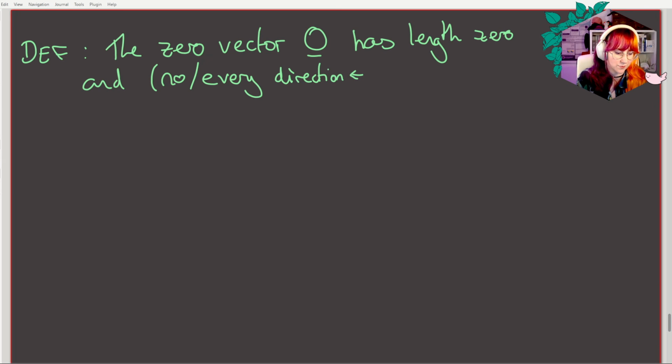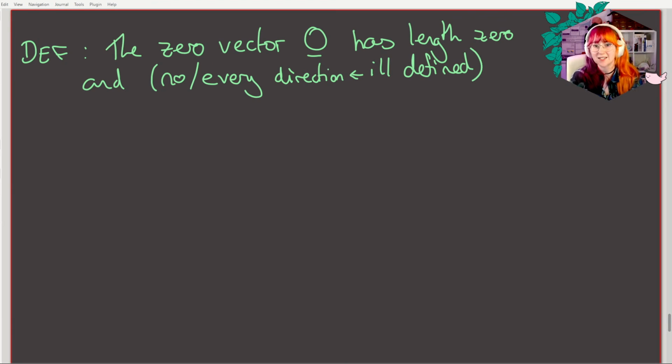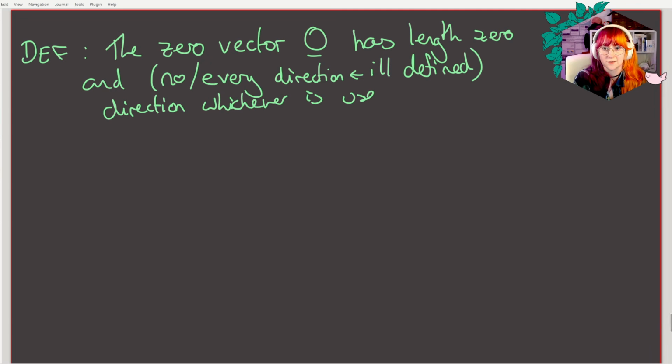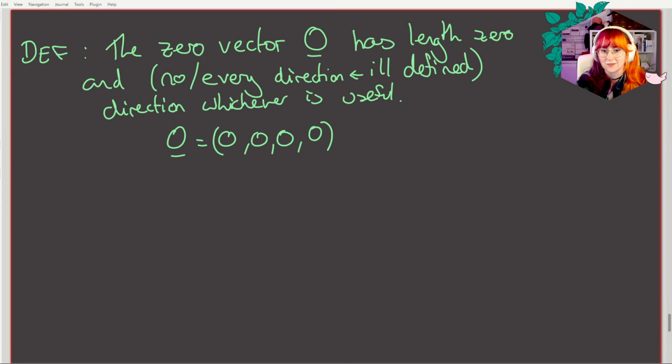This is ill-defined, and basically you pick whichever direction is useful. This zero vector is 0i, like every element is 0. It's 0, 0, 0, 0, and so on for the appropriate amount of zeros that you want.